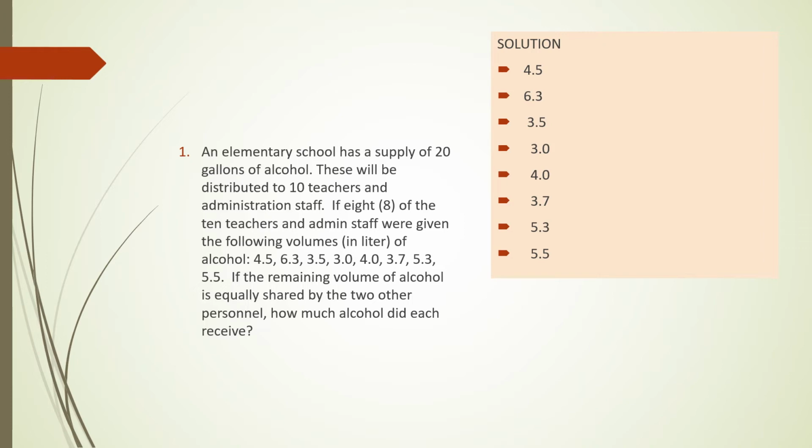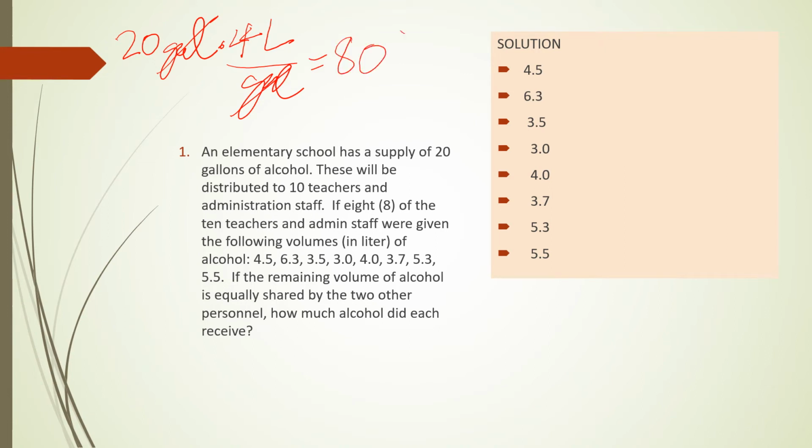So what we need to do is to synchronize the units. So we will have to convert 20 gallons to liters. So the way to do that is we multiply this 20 gallons with 4 liters per gallon. Okay, so the gallons will cancel out, and 20 times 4 liters will be 80 liters.